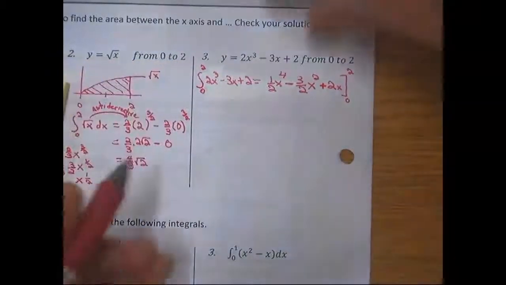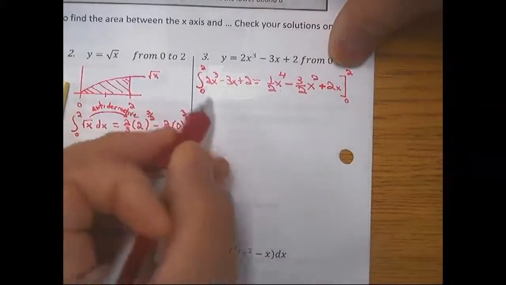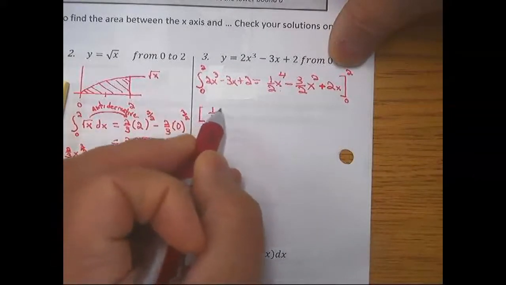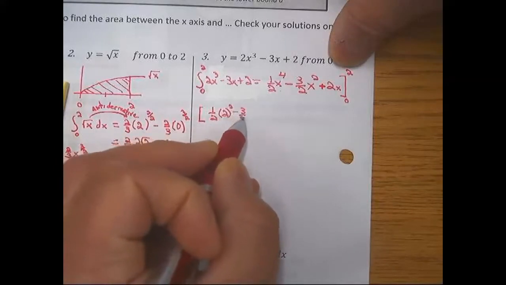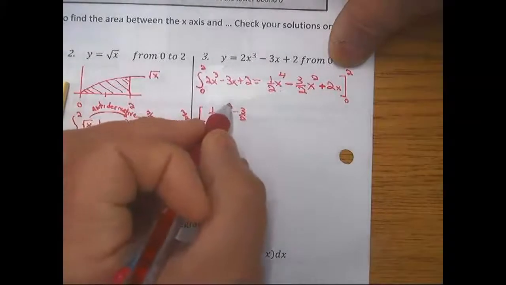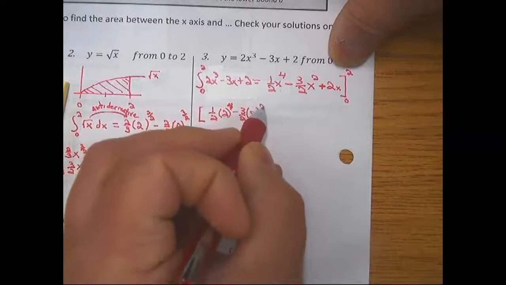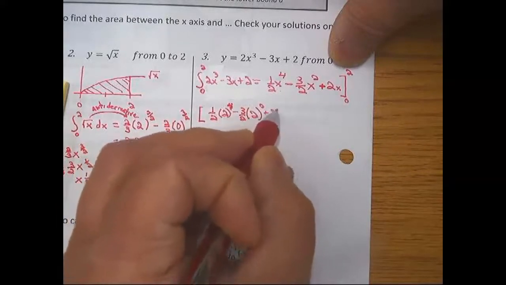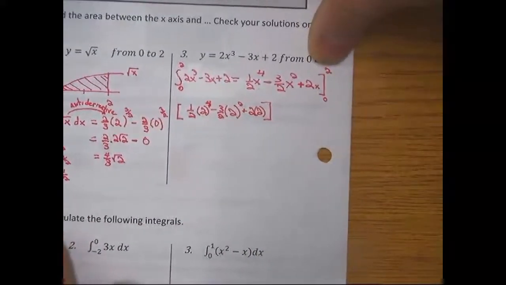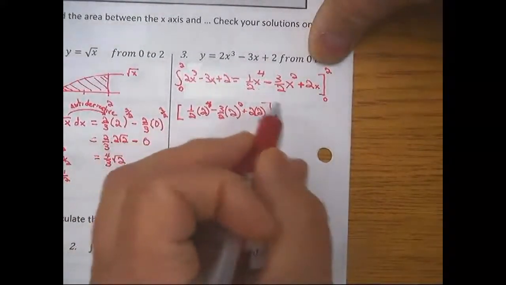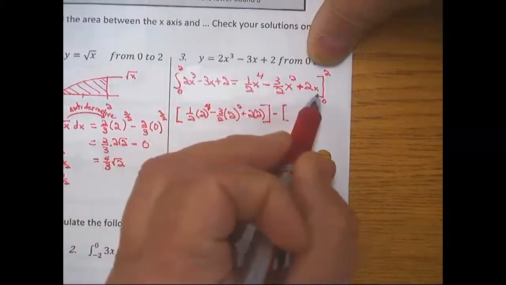So we'd have 1/2 2 to the 4th minus 3/2 2 squared plus 2 times 2 minus, and now when you plug 0 into all these, you're just going to get 0.